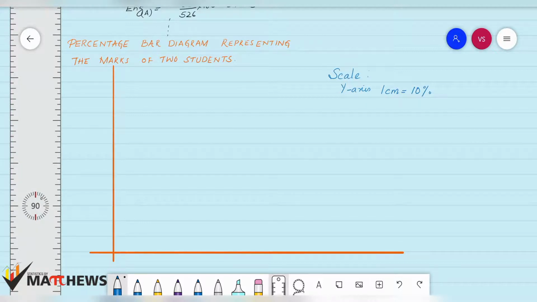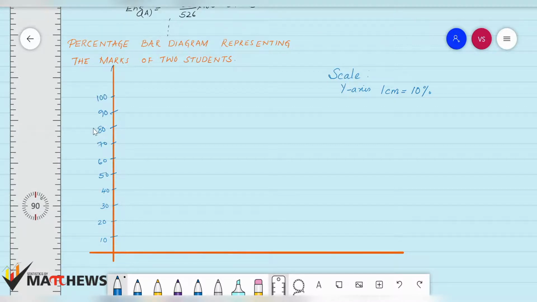I will start marking it here as this is 10, this is 20, this is 30, 40, 50, 60, 70, 80, 90, 100.